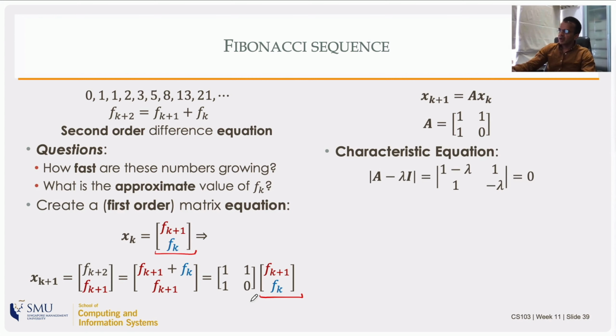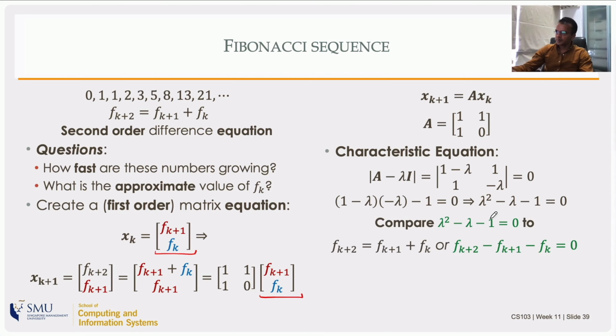I write the characteristic equation, the determinant of A minus lambda I, and expand out the determinant: 1 minus lambda times minus lambda, minus 1. With a bit of basic algebra, I get lambda squared minus lambda minus 1 equal to 0. That quadratic equation is just about the most famous quadratic equation in the world, the most significant one.